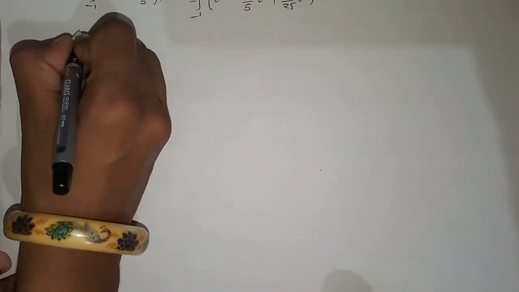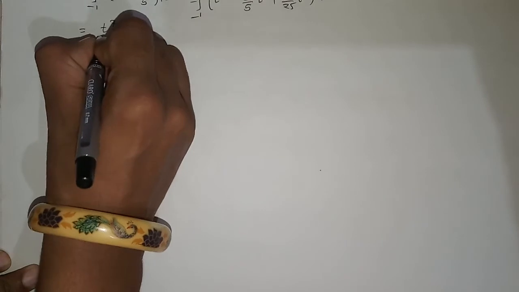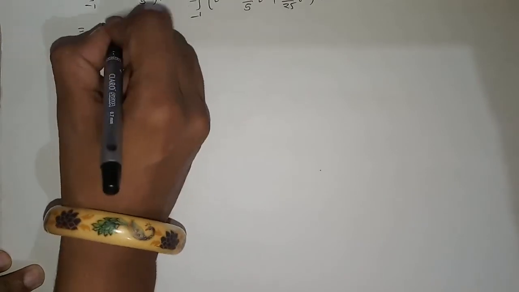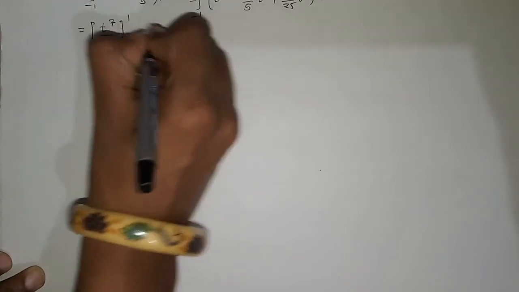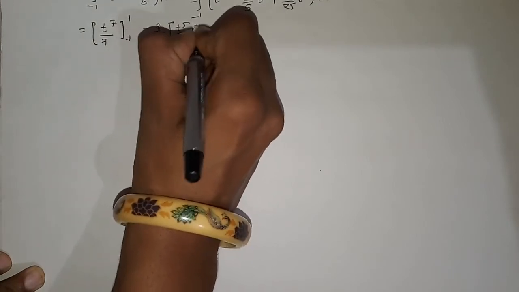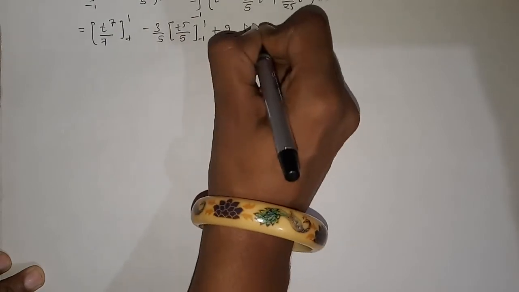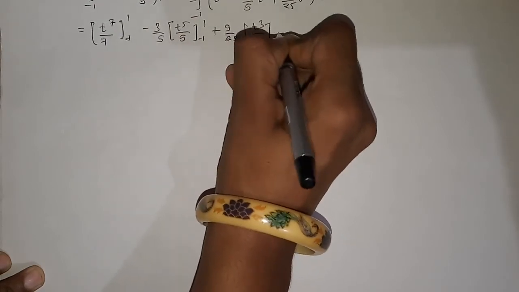So on integrating this, we are getting t raised to 7 divided by 7 from minus 1 to 1 minus 3 by 5 t raised to 5 by 5 from minus 1 to 1 plus 9 upon 25 t cube by 3 from minus 1 to 1.